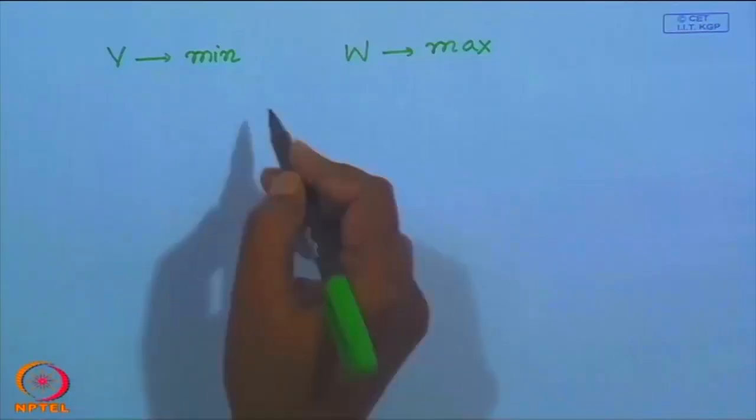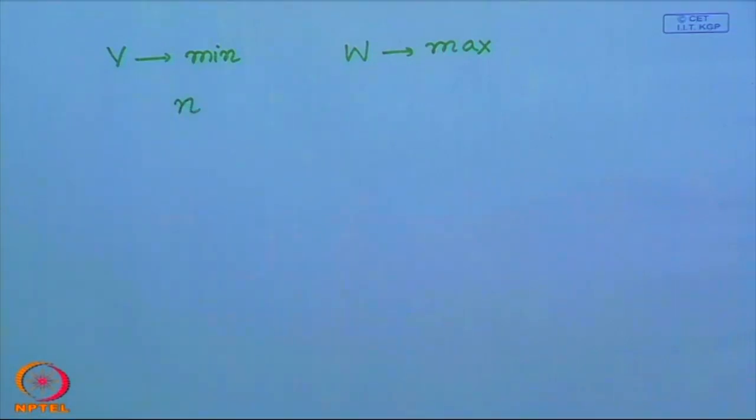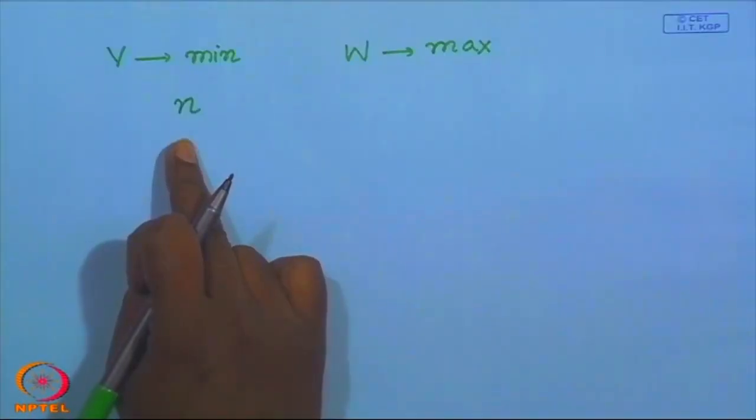I have defined what my mean point and my max point are. And suppose this is defined in n dimensional space. N may be 1, 2, 3, or anything.